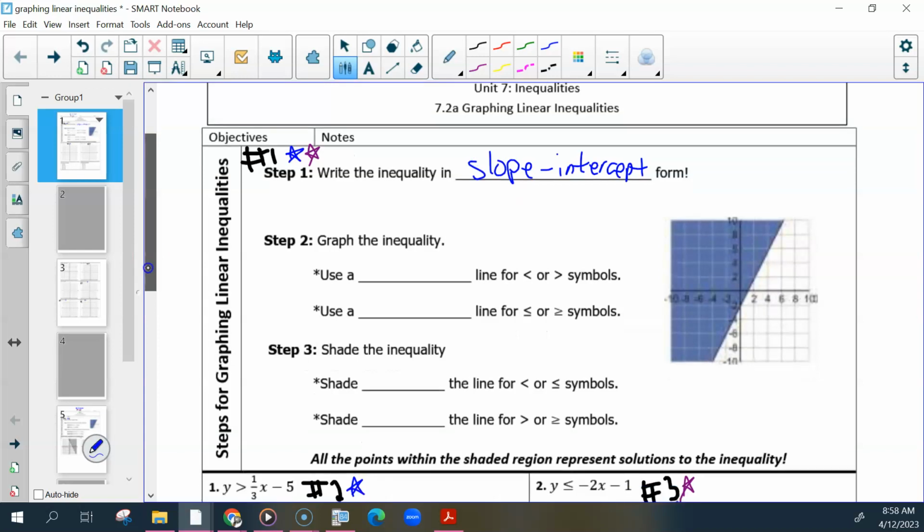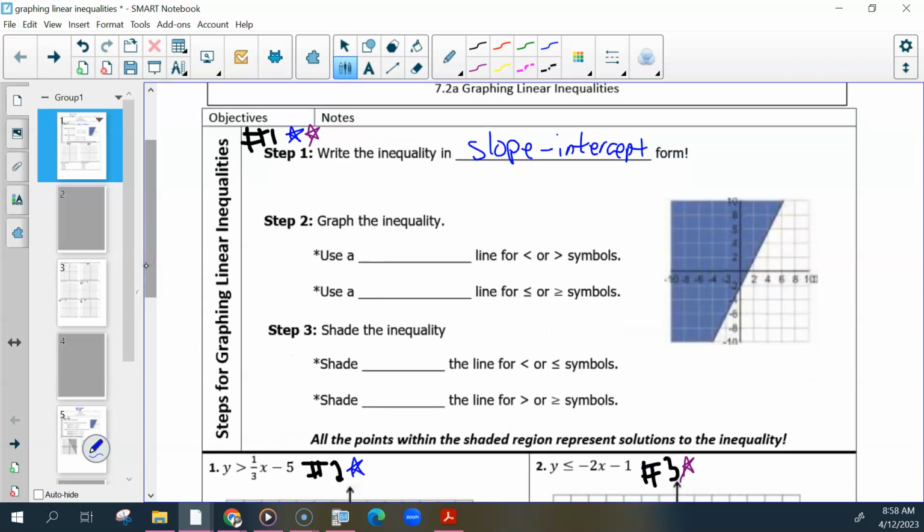But because it's an inequality, the rules are a little different. So if we have a less than or greater than symbol, we're going to use a dashed line, dashed or dotted. And then if it's less than or equal to or greater than or equal to, we'll use a solid line. So the solid line will be like our normal lines, drawing the points, connecting the dots, drawing the line through it. Dash will just have some pieces missing.